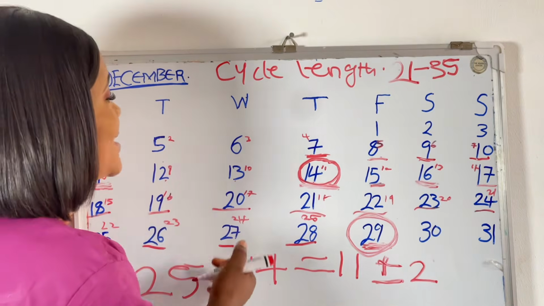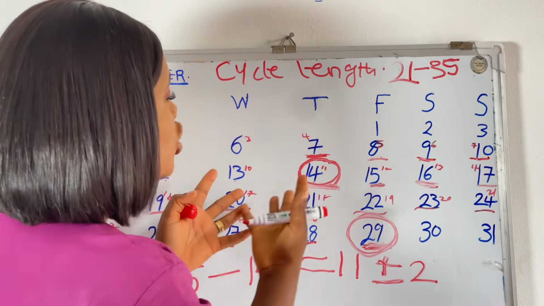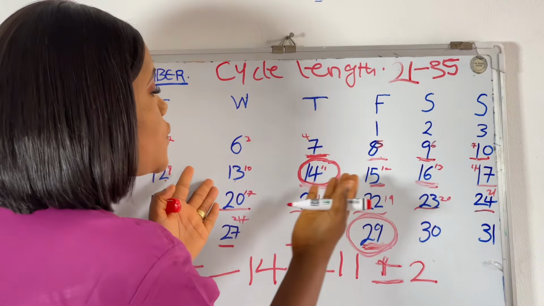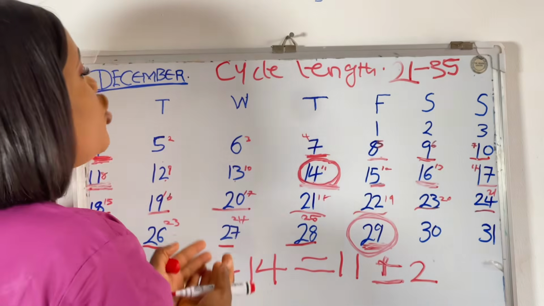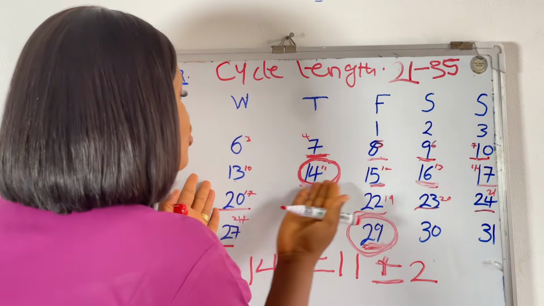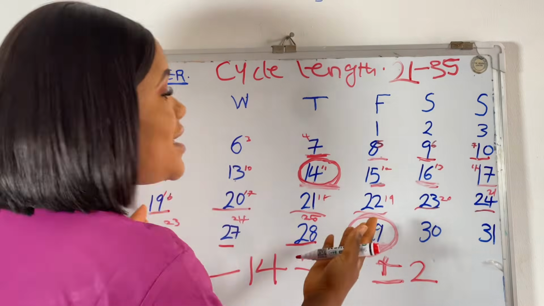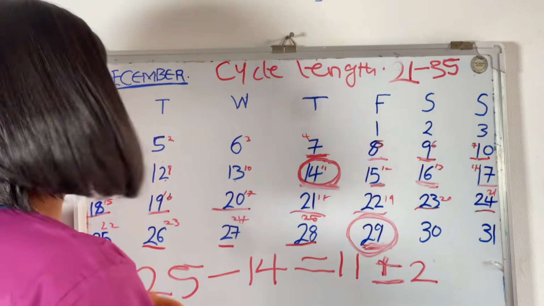So the days on which you are likely to ovulate, plus or minus 2 days around your ovulation day, are considered your unsafe days. But every other day is considered a safe day.